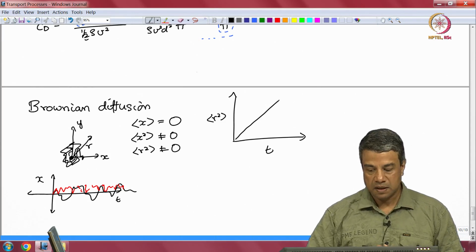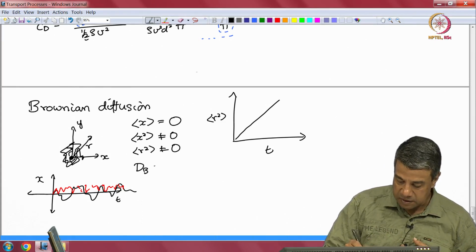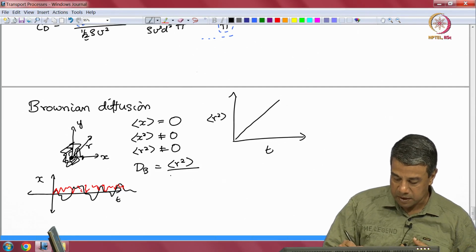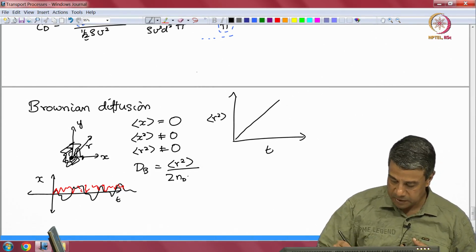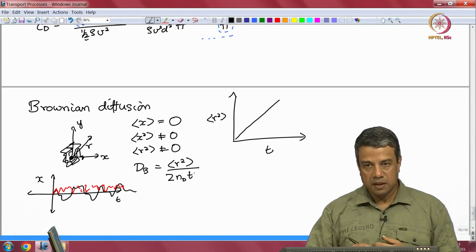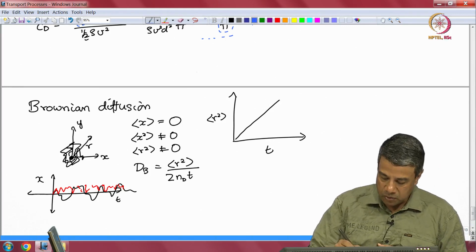And the Brownian diffusion coefficient is defined as r square divided by 2 nd times t, where nd is the dimension. r square by t is the slope of this, and I divide that by 2 times nd.